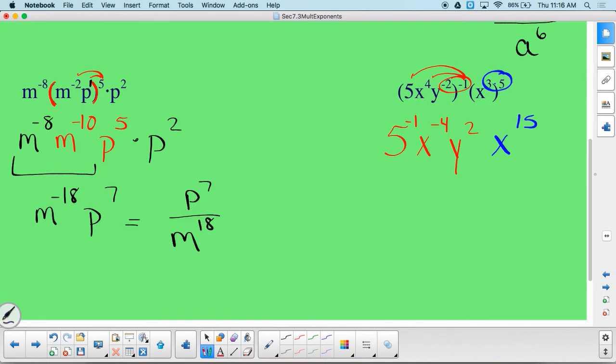Before I deal with the negative exponents, I see there's two bases here that are the same. I've got this x to the negative 4th, x to the 15th. I can combine that. Negative 4 plus 15 is 11. And then we've got the y squared. Negative exponent has to move down.